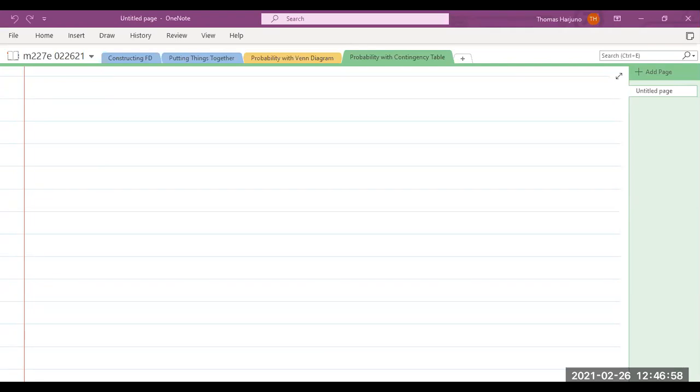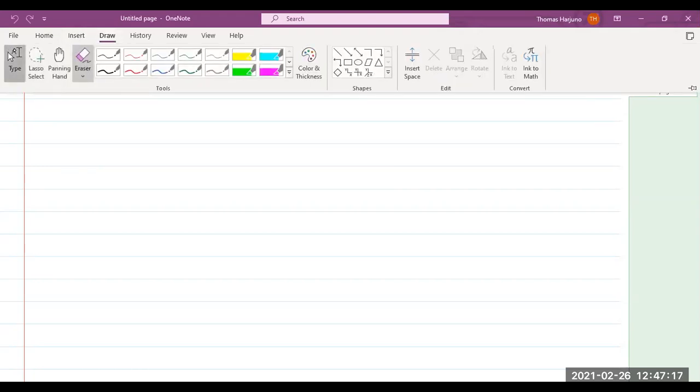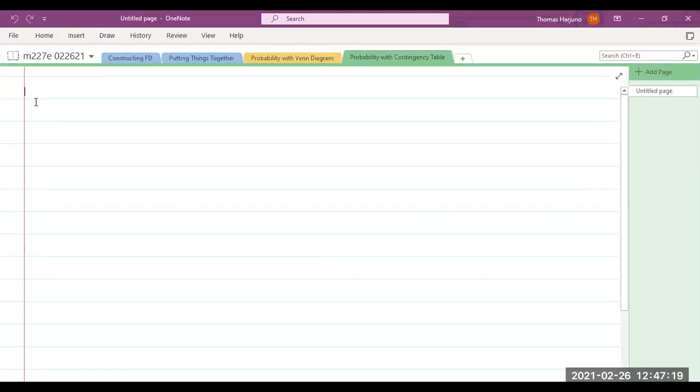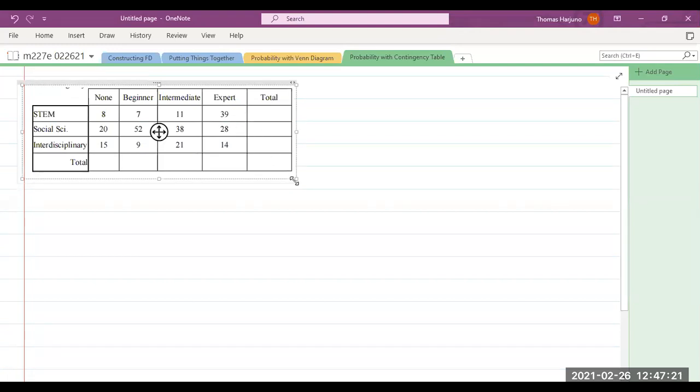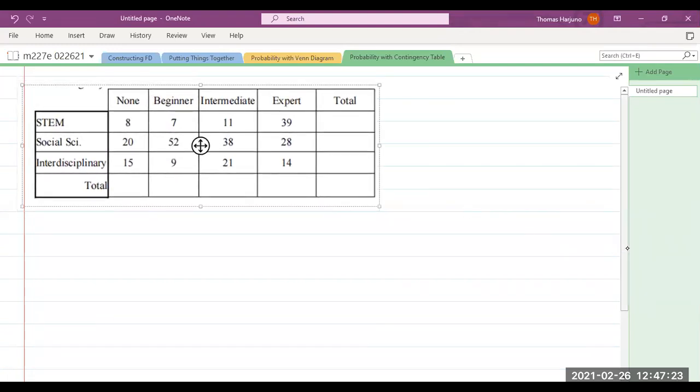Let me screenshot that for you. Now, this is a contingency table.